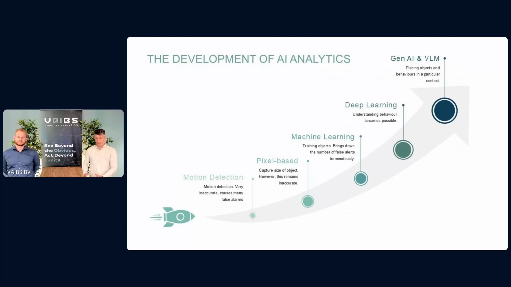But it could not understand by itself, in a situation it was not trained for, if it needs to trigger an alert. The next step we are going to take is to use deep learning and Gen AI to understand the behavior of people, and to place situations and behavior in a particular context.